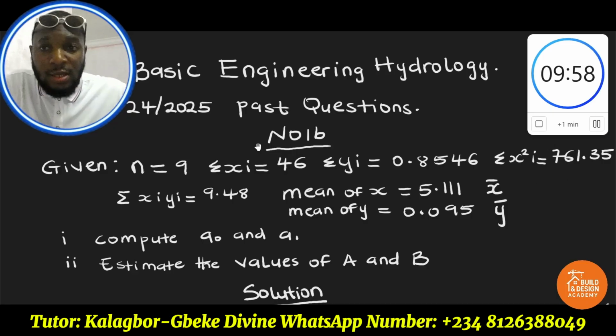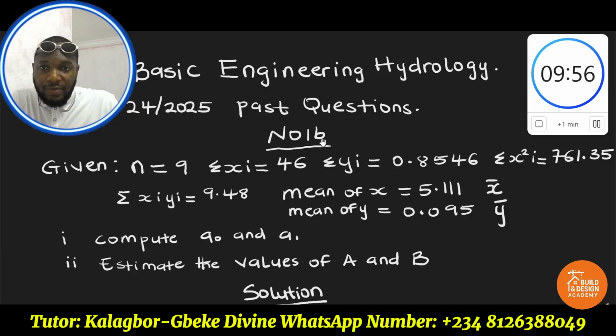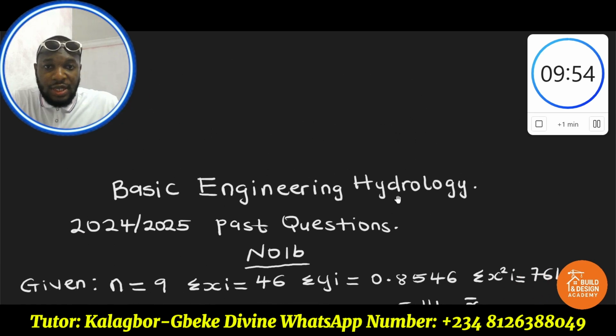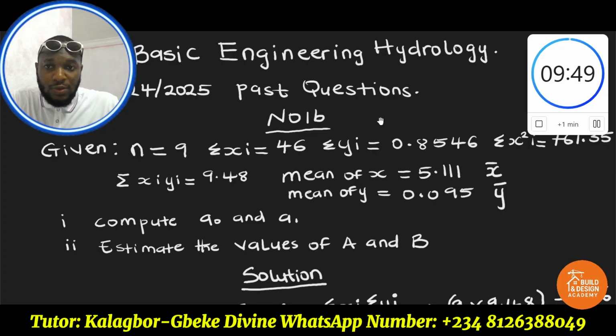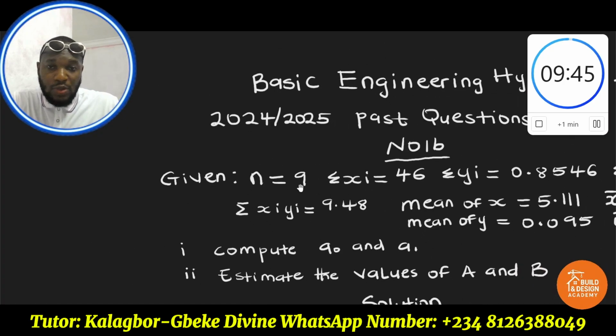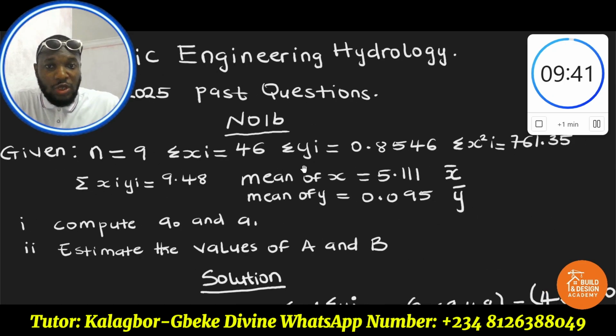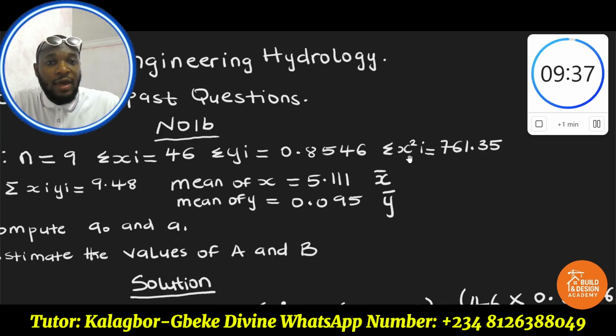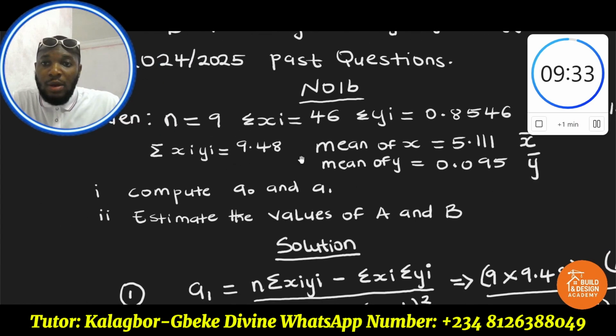So I'll be explaining question 1B from Basic Engineering Hydrology 2024/2025 past questions. So let's go. Number 1B says, given n equals 9, summation of xi equals 46, summation of yi equals 0.8546, summation of xi square equals 761.35, summation of xi yi equals 9.48.